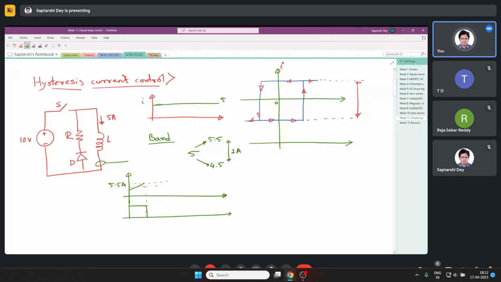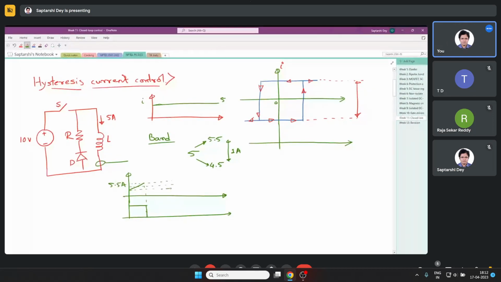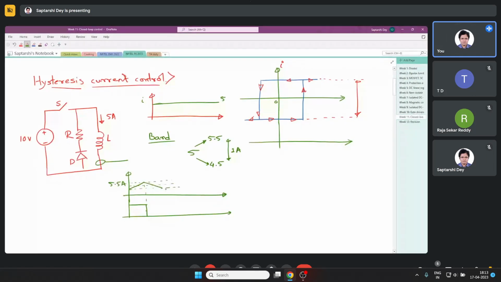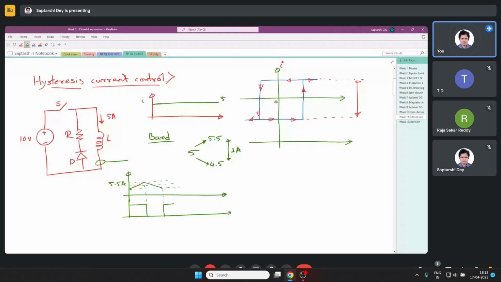Now this is 5 ampere, this is 4.5 ampere. Then I let the current fall. As soon as it falls to 4.5, again I turn on the switch. Again it goes to this one. So this is hysteresis current control.